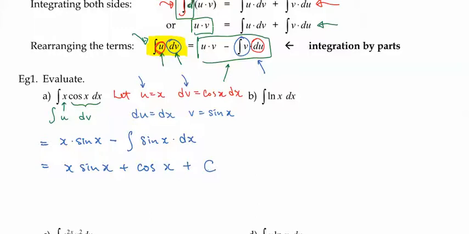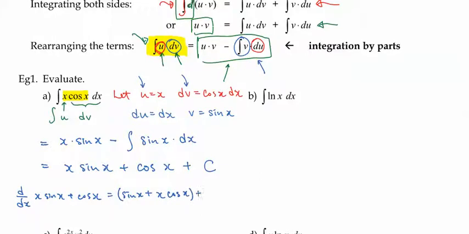If you try to differentiate these expressions, you will actually come up with x cos x at the end. Let me differentiate this. If I try to differentiate x sine x plus cos x, using your product rule, the first part will give us this.